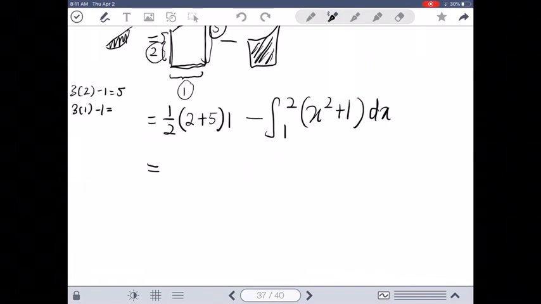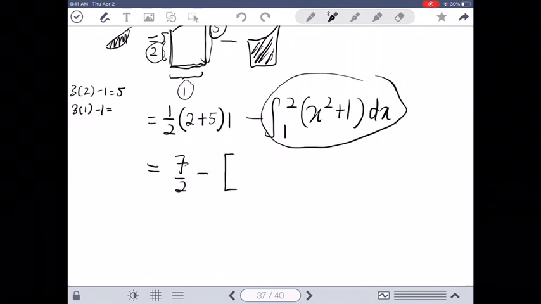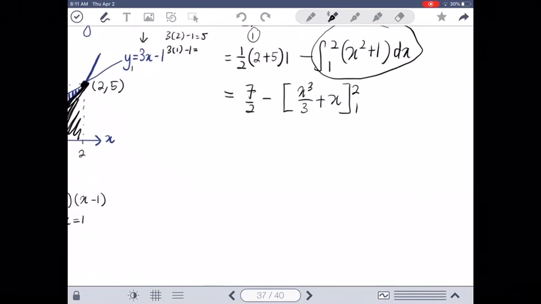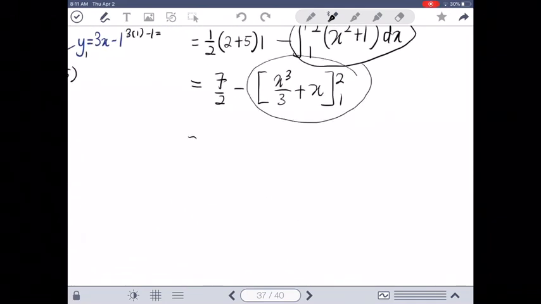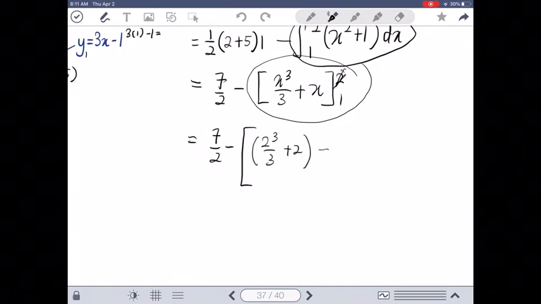So the first part we will get 7 over 2 minus the integration of this one, we should get x to the power of 3 over 3 plus x, from 1 to 2. So we need to solve this part. It equals 7 over 2 minus, top should be 2 to the power of 3 over 3 plus 2, minus the bottom, 1 to the power of 3 over 3 plus 1.